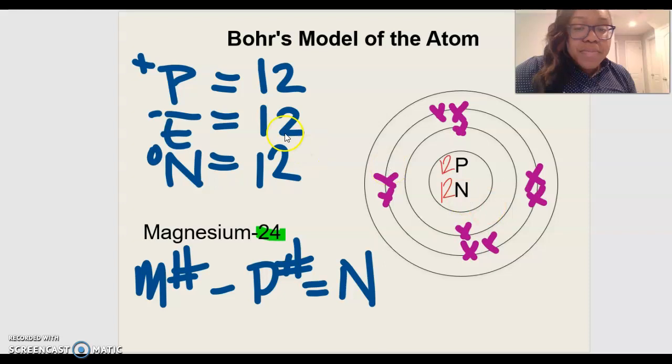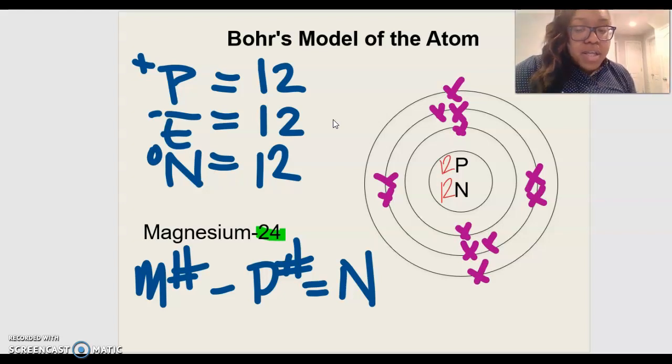I'm at 10, still not at my goal, 12. But I cannot exceed 8 on the second level. So now if my maximum capacity at level 2 is 8, I need to go to my next level. So now I'm going to go to level 3. And now I'm going to put my 2 electrons that I need to have there.